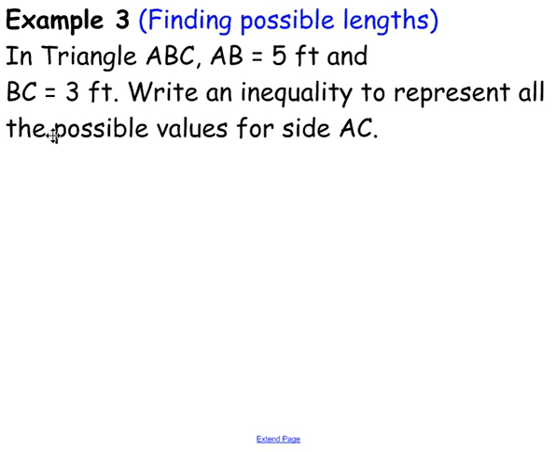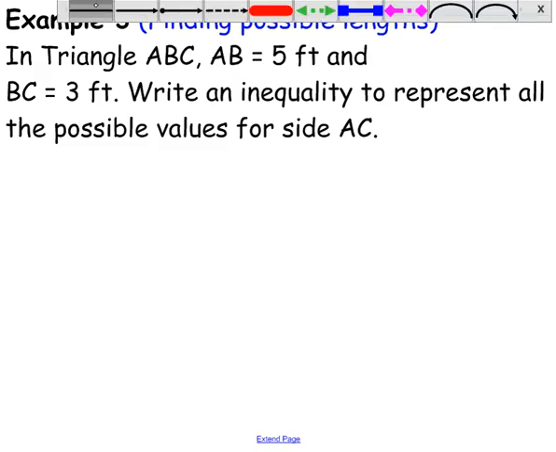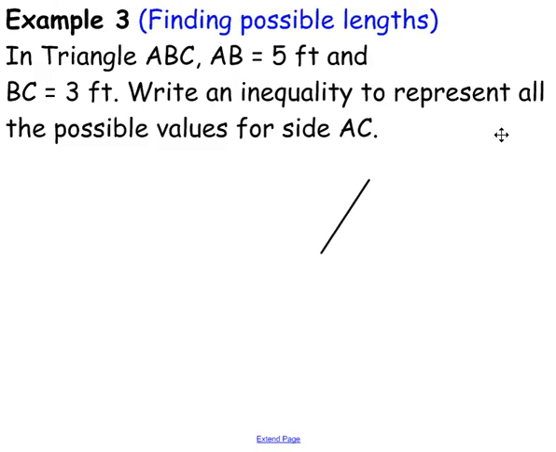Example 3 says, in triangle ABC, AB is equal to 5 and BC is equal to 3 feet. Write an inequality to represent all the possible values for side AC. So what we have here is side AB, which is 5 feet, and we have side BC, which is 3 feet.